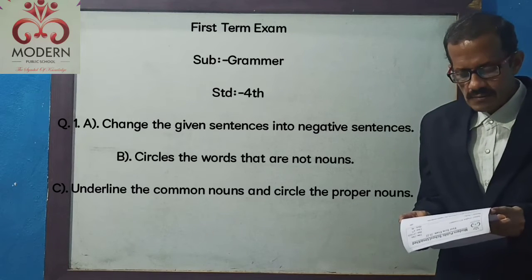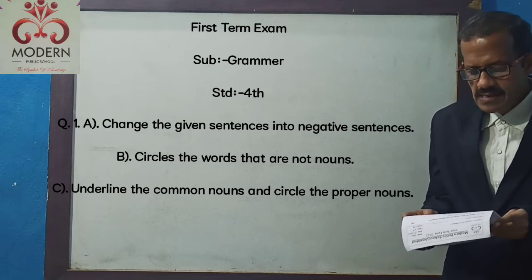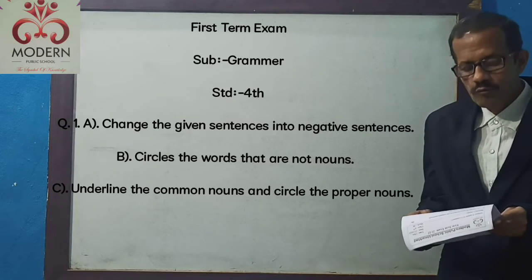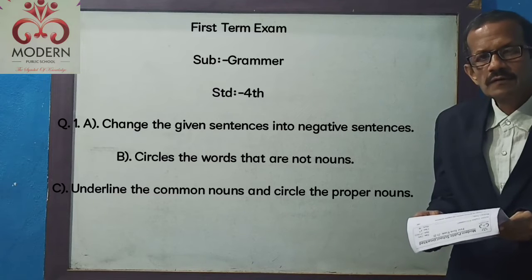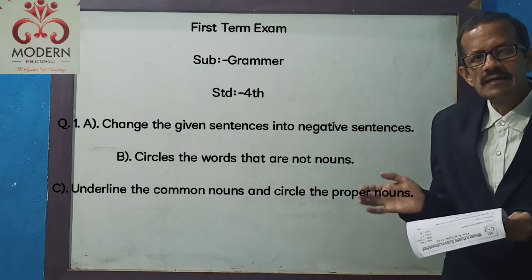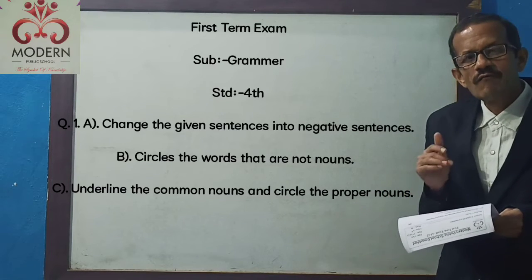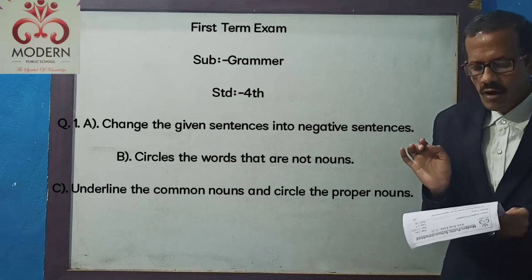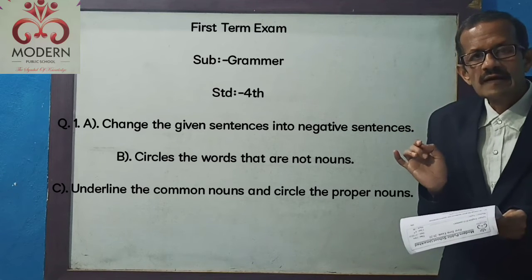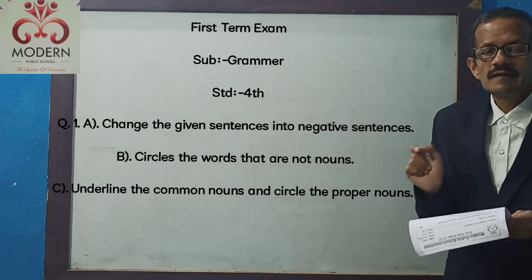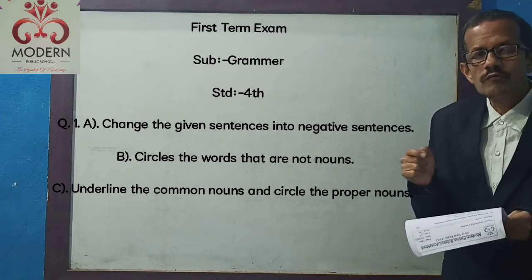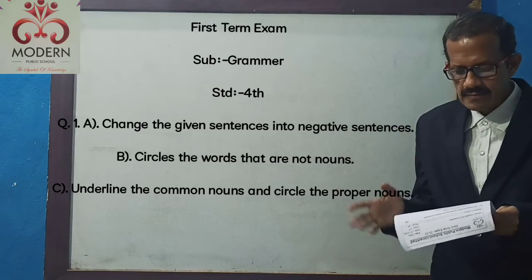After that, question number 1B. What do we have to do? Circle the words that are not nouns. Some words are given here. You have to circle only the word that is not a noun.